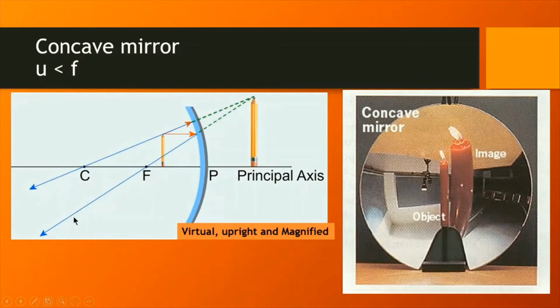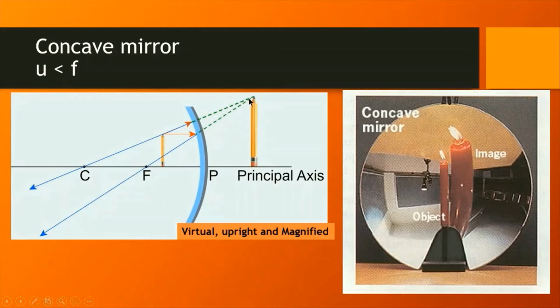But the image is formed at the intersection of two reflected rays. So how do we find the intersection? If we trace these two reflected rays backwards into the mirror, they will meet here. Of course, rays cannot go inside the mirror, so that's why we draw a dotted line.